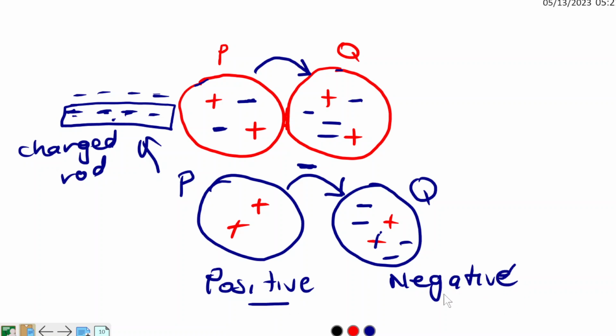This is the situation that is going to happen if you bring a charged rod close to sphere P.